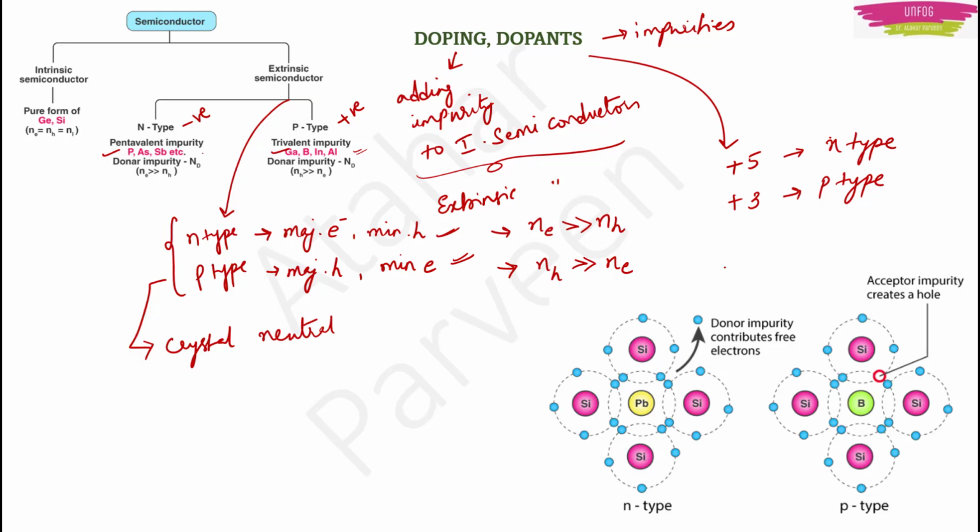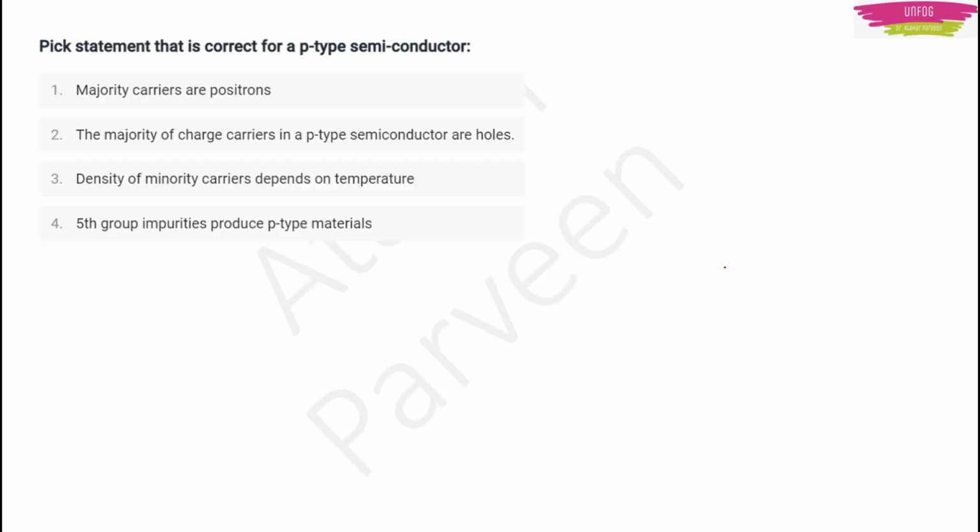Now this was all about P-type and N-type semiconductors. Now let us see a few MCQs based on this. Pick the statement that is correct for a P-type semiconductor. If I see the options, the majority charge carriers in a P-type semiconductor will be holes. This is the right option.